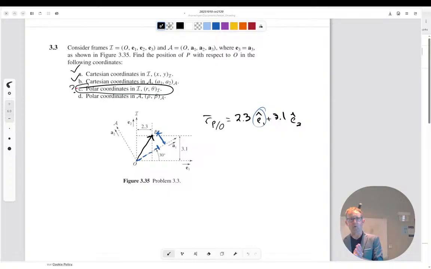When we say polar coordinates, what does that mean? What comes up? Yeah, some kind of r and theta. Why r and theta? What's polar about that?